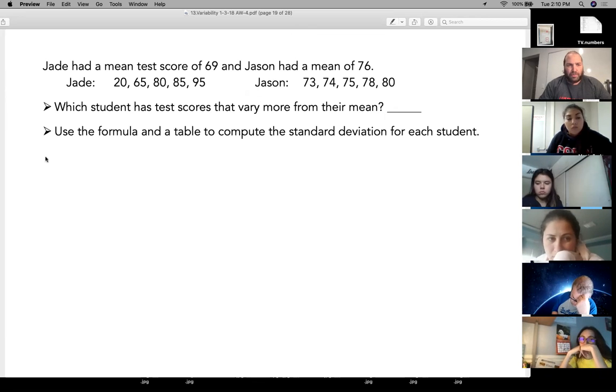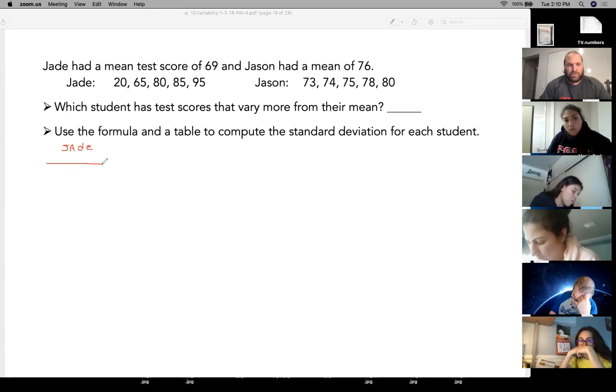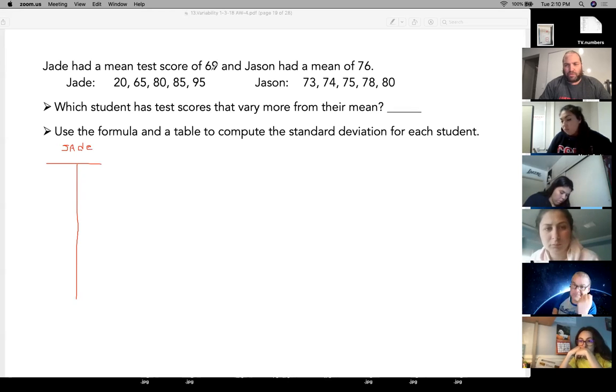So for Jade, we'll make a table. This will be the Jade table. First we compute how far each number is from the mean. How far is 20 from the mean?